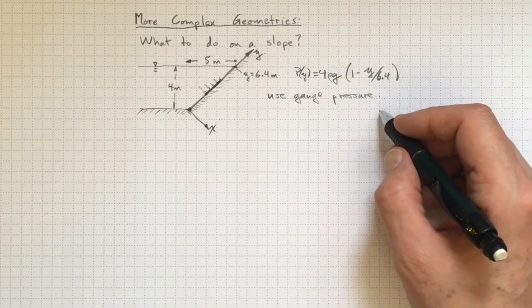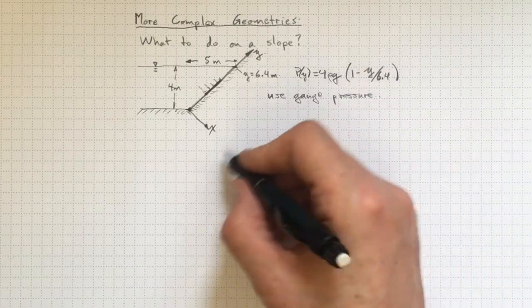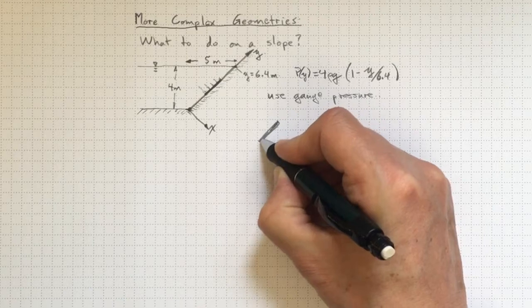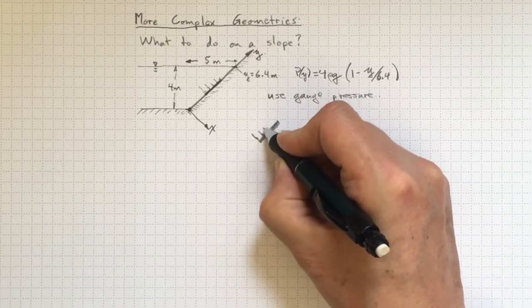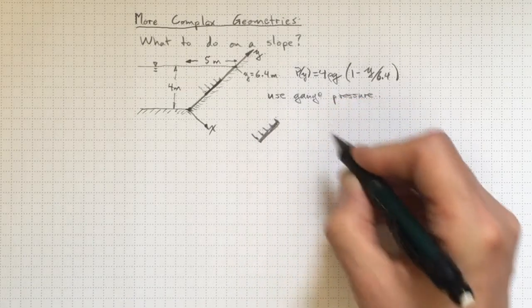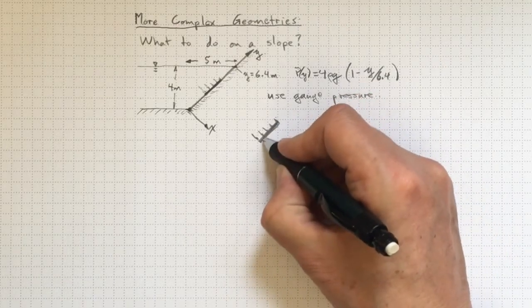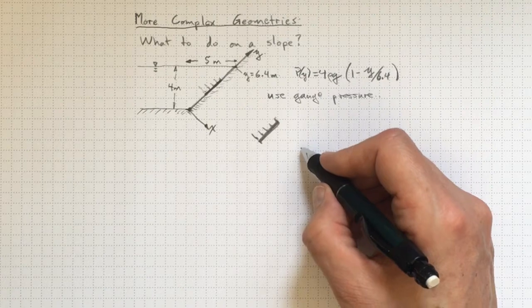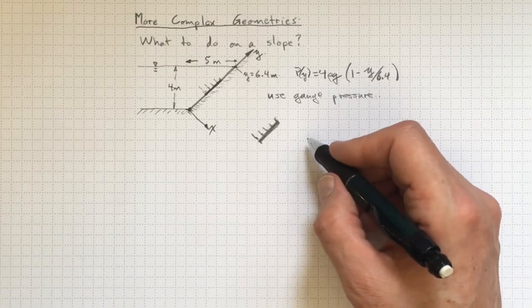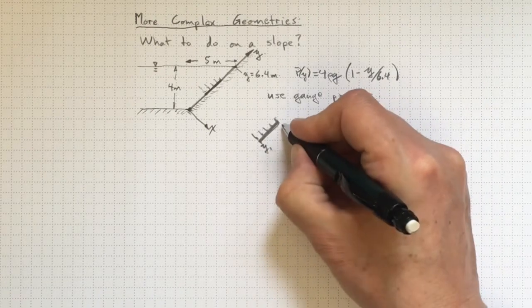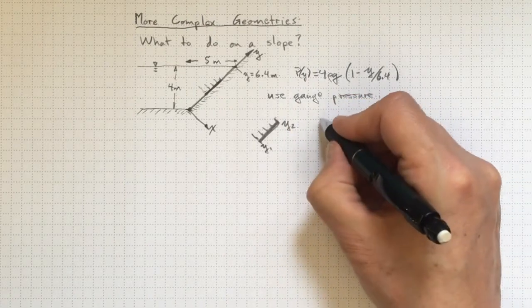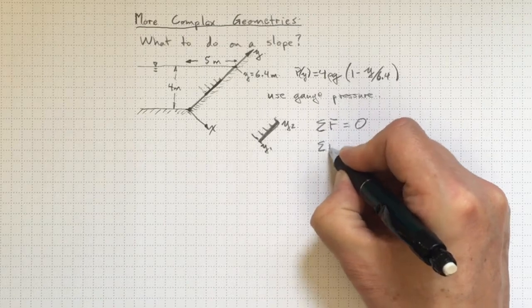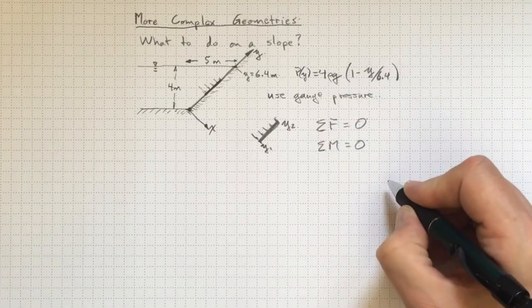Once you've done that, you're going to have to look at this individual surface that we've managed to pull out now as a free body diagram. We can define the pressure forces acting over that, and if it's a free body diagram and it's not accelerating, it's not changing, it's sitting still, then if we integrate from location y1 to y2, we must have the sum of the forces equal to 0 and the sum of the moments equal to 0.